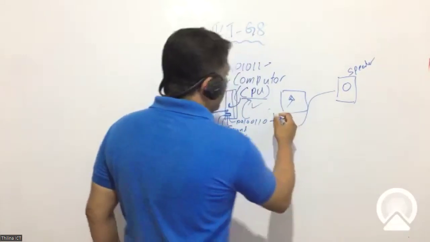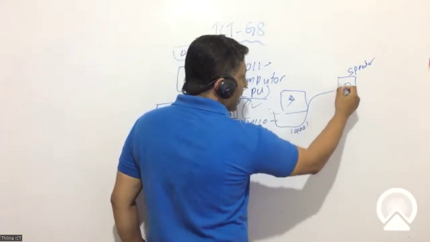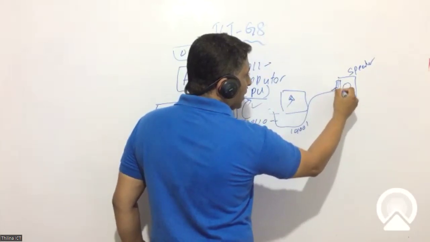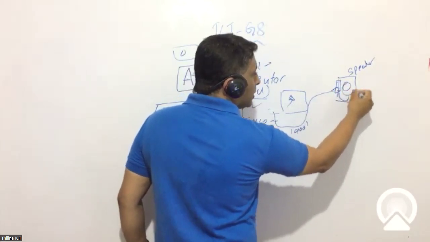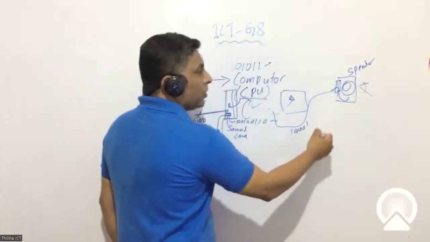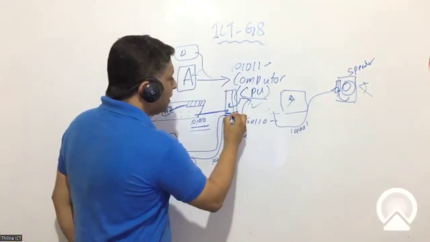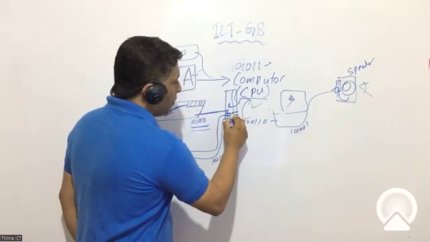So computer output is always digital, containing ones and zeros, and here there's a special circuit to convert it back to sound. So these ones and zeros will be converted back to sound here, or somewhere in the sound card itself.